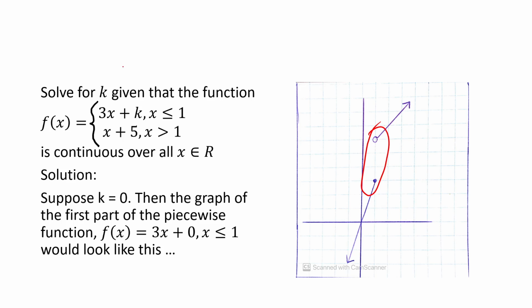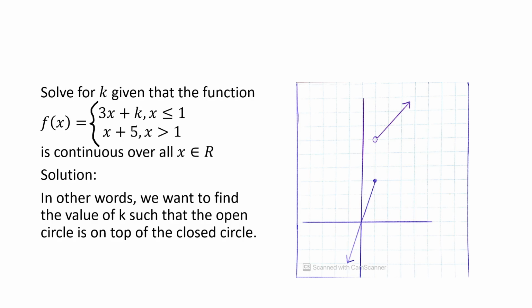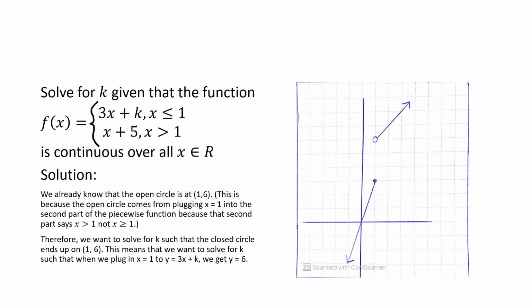So we're trying to figure out some value of k, which is going to allow this closed circle right here to land right on top of that open circle and make it continuous. So we know that the open circle is at 1, 6. So we want to solve for k such that the closed circle ends up on 1, 6.